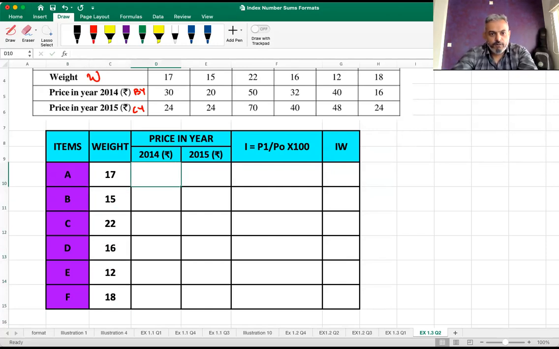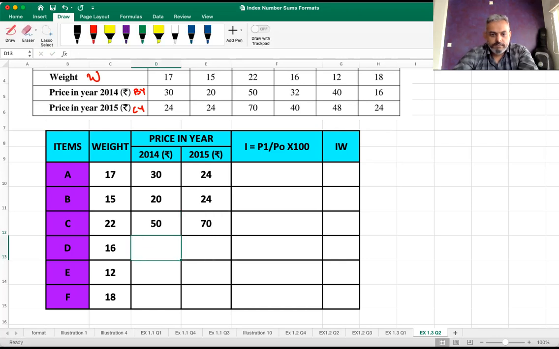Price of 2014, which is base year, is 30, 20, 50, 32, 40, 16. And 2015, current year: 24, 24, 70, 40, 48, 24.